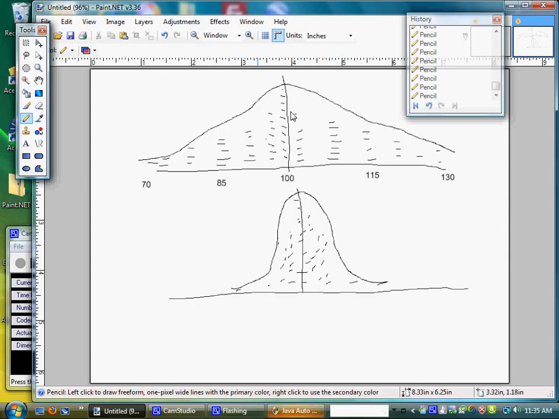So here, one standard deviation, we might say, well, we know about 2/3 of our people fall in between 85 and 115. This is plus one standard deviation above the mean, and this is minus one standard deviation. So this is below the mean. So your plus standard deviations are going to be above, and your minus are below, and it really tells you how spread out the scores are.